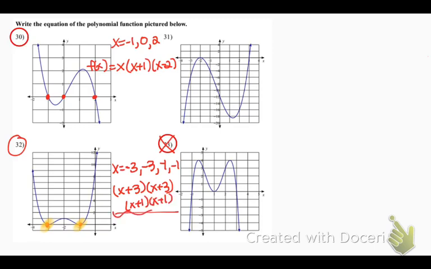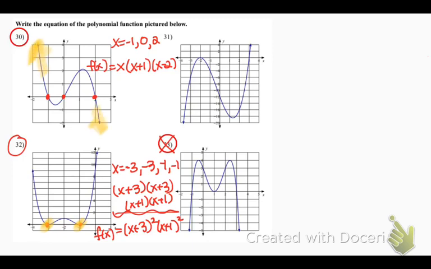Or this is better written as x plus 3 quantity squared, x plus 1 quantity squared equals f of x. Now, does 31 have a bounce anywhere? Yes. Does 33 have a bounce anywhere? Yes. And before you finish, let's go back to 30 because I did make a mistake.